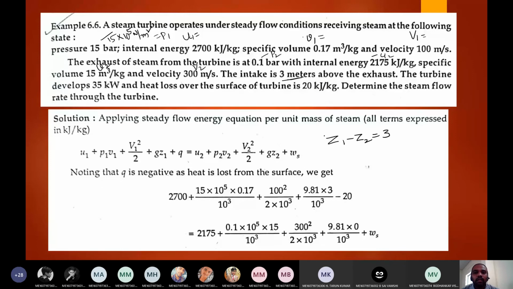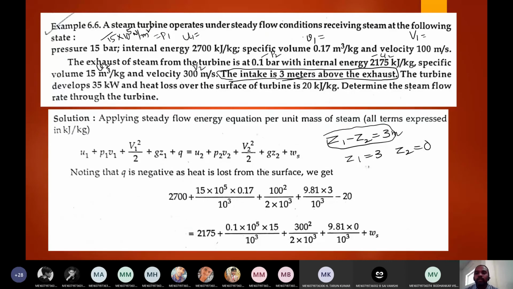Yes or no? Or I can say Z1 is equal to 3, Z2 is equal to 0. The intake is 3 meters above the exhaust. Inlet is higher than outlet. Therefore, Z1 is equal to 3 if Z2 is equal to 0. Or directly for Z1 minus Z2 I can substitute 3 meters.